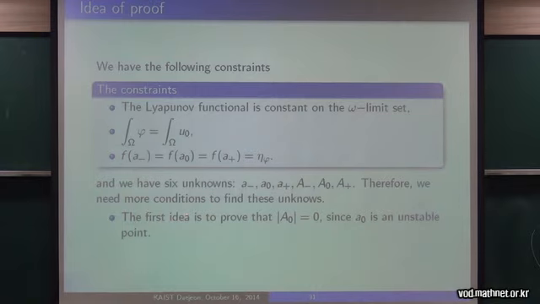However, in cases where we can prove that the measure of A naught equals 0, which is logical because A naught is an unstable point, it's a bit better because we have four relations and 4 unknowns, the values A minus and A plus, and the sets capital A minus and capital A plus.